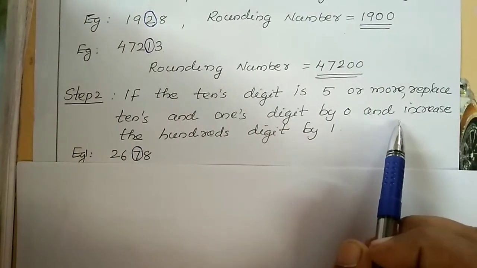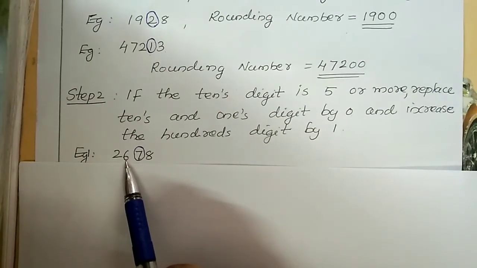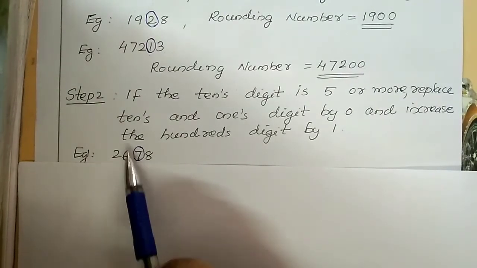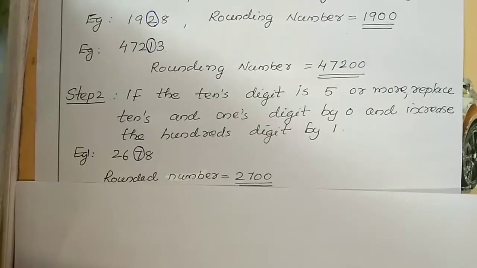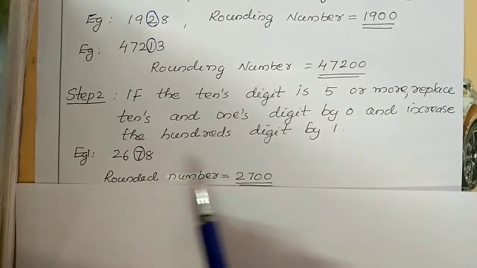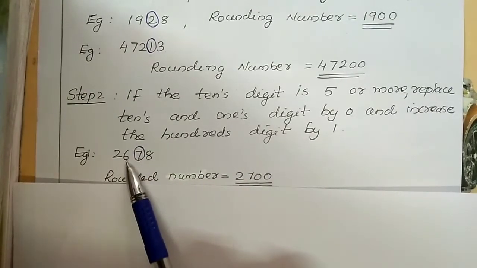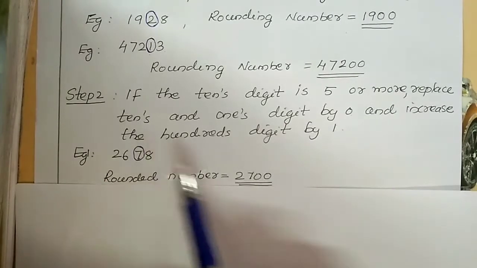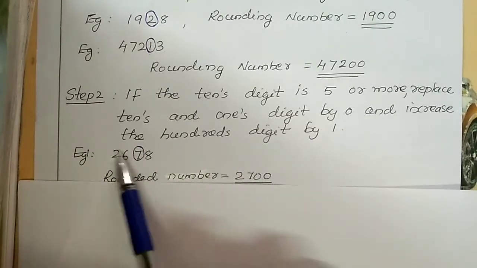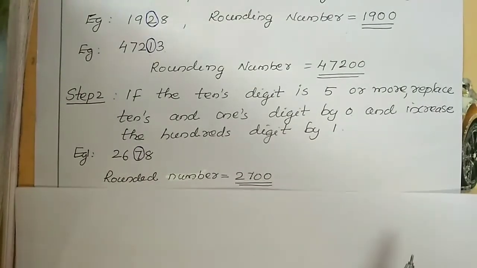And one more step is there, that is you increase this hundreds digit by 1. 6 plus 1 is equal to 7. So these two digits become 0 and this 6 becomes 7, no change in the other digits. Okay, this is the second step.